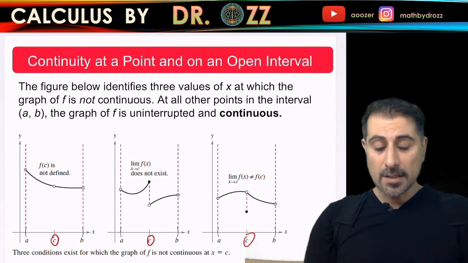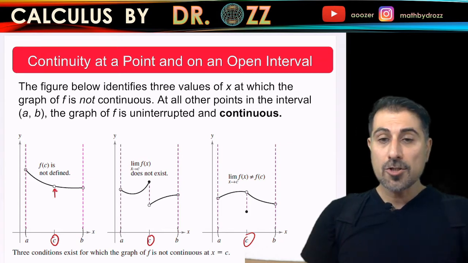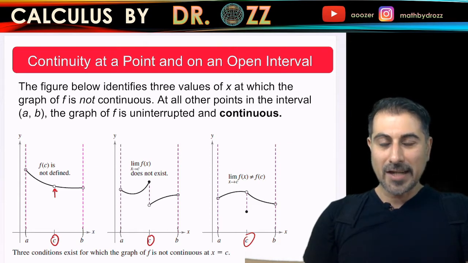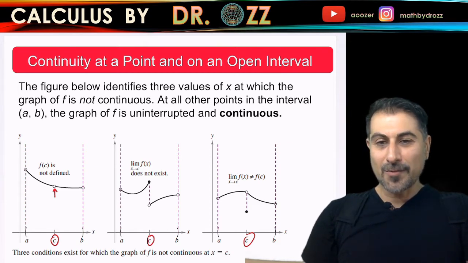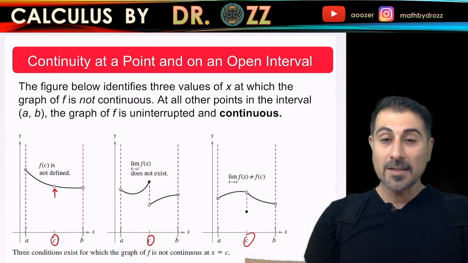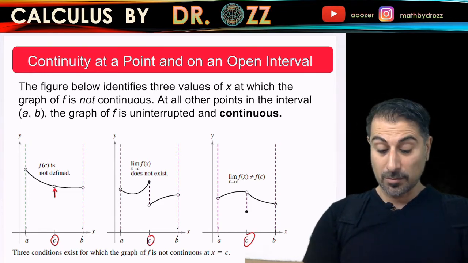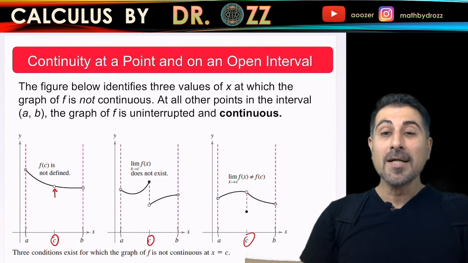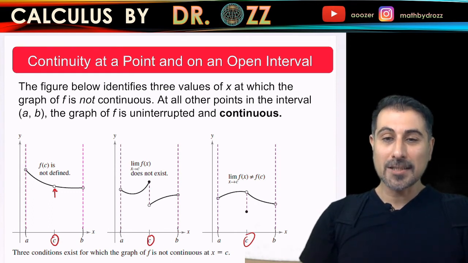In the first one, the problem is that there's a punch at x equals c on the graph. That means f is not defined at x equals c. Since there's a break on the graph, or a hole, that makes this function not continuous.